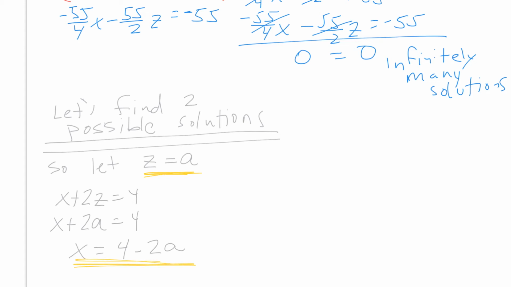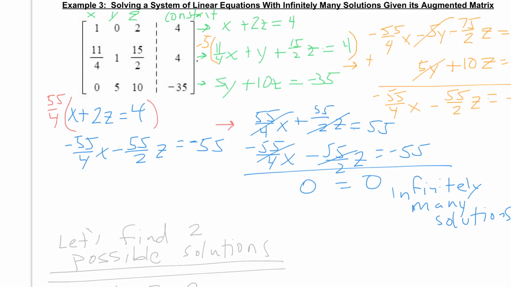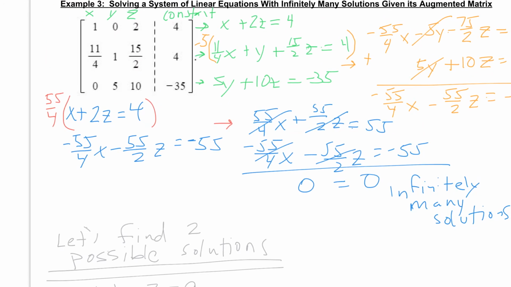So I know z is equal to a, x is equal to 4 minus 2a. And what I need to do is I need to find y in terms of a as well. So in order to do that, I need to find an equation with y in it. So if I go back up and look at my equations up here, I can take this bottom equation, 5y plus 10z equal to negative 35. I'm going to use this equation in order to get y in terms of a.